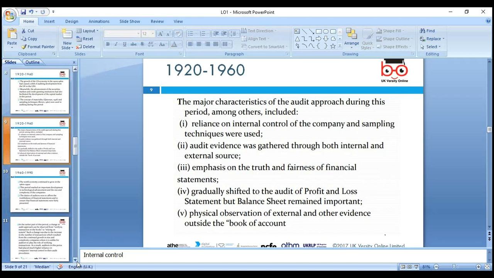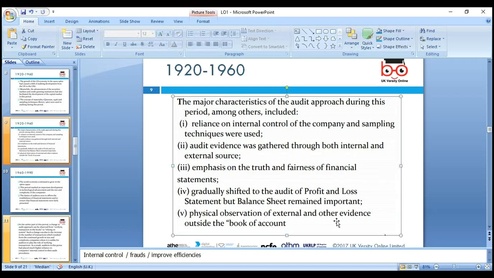So it is control within our organization for audit purposes, to improve efficiency and reduce fraud. We need to look at how we can improve efficiencies within our organizations. That's why internal control.